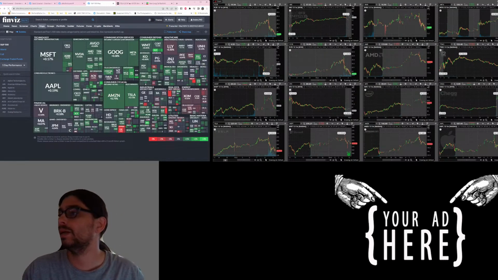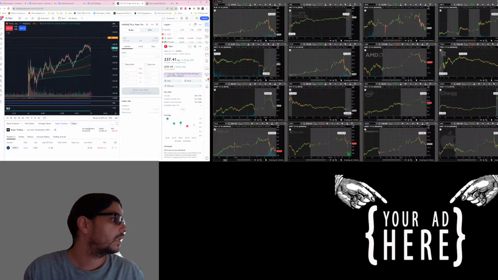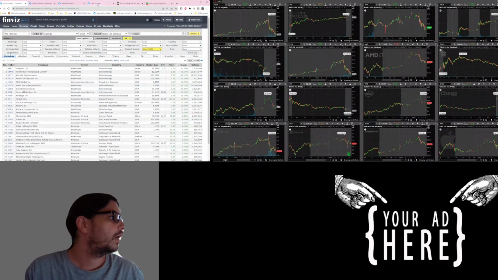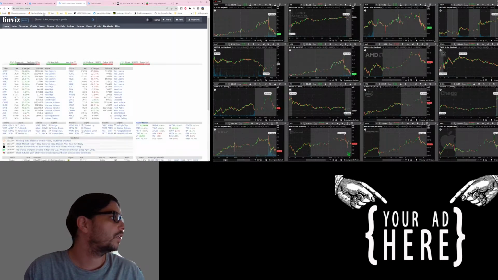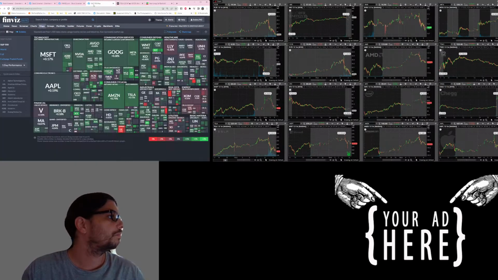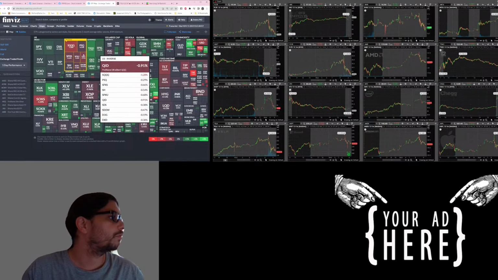Ford is taking a slight dip. I feel still pretty good about Ford in the long run. Market's looking good there. Inverses are not going to be doing fantastic.